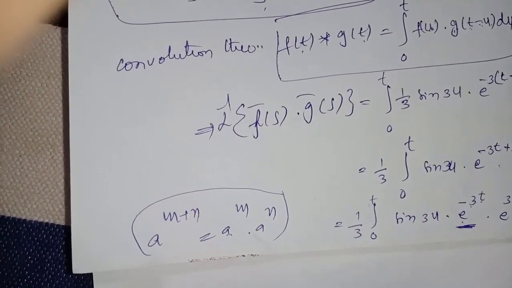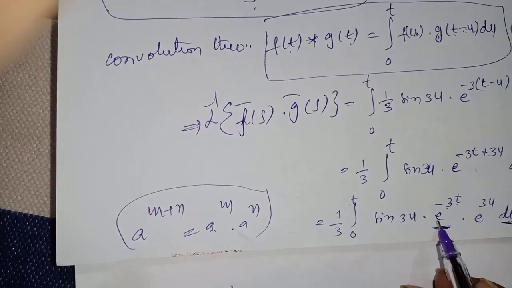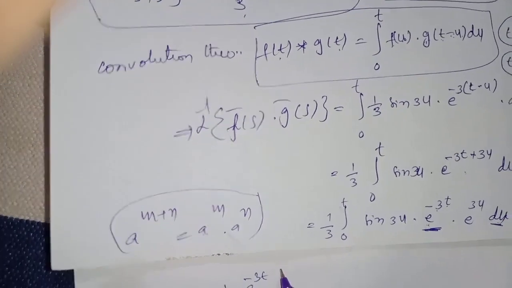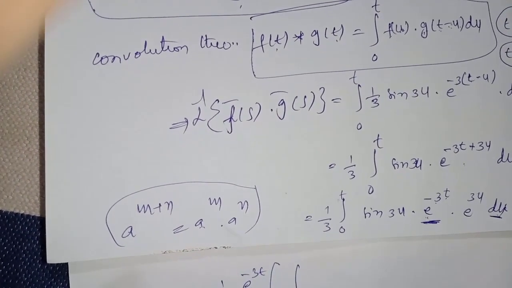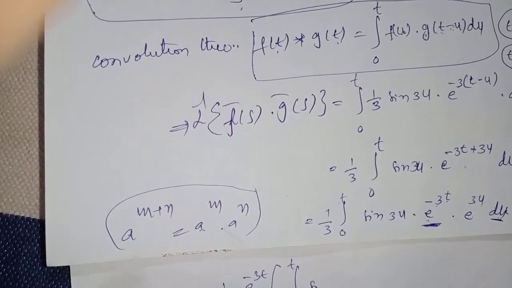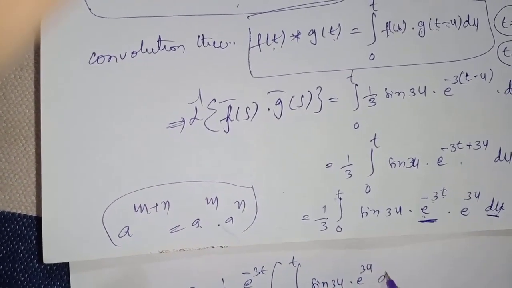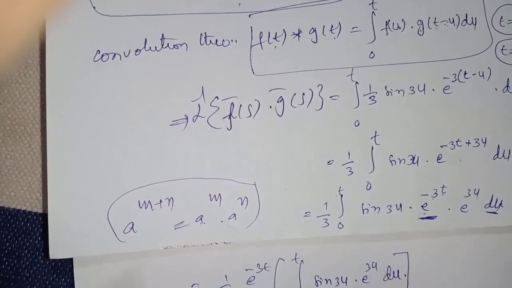That is equal to 1 by 3. This is the constant value, taking common e to the power of minus 3t, integral of 0 to t sine 3u into e to the power of 3u du.